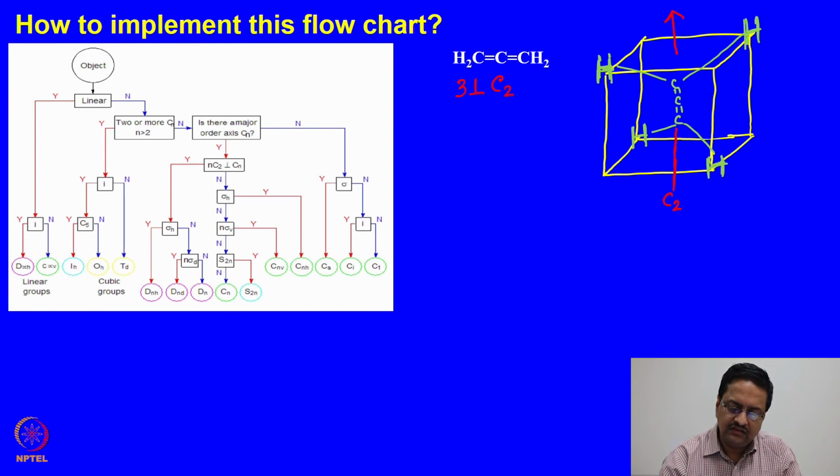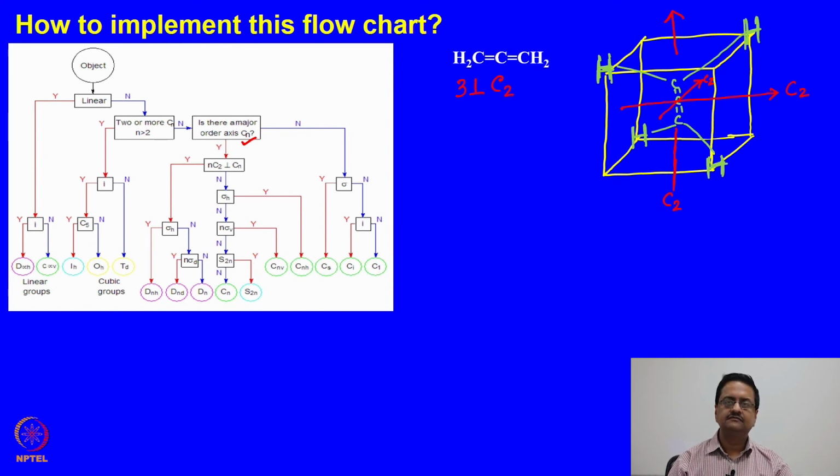Then there is one C2 which is passing from this center through that carbon and going to the other side as another C2, and the third C2 is passing from the front center to the back center is my third C2. So, now this falls in a category where we have two perpendicular C2s.